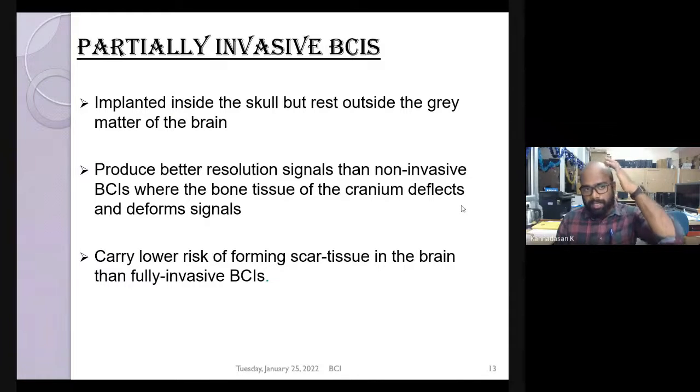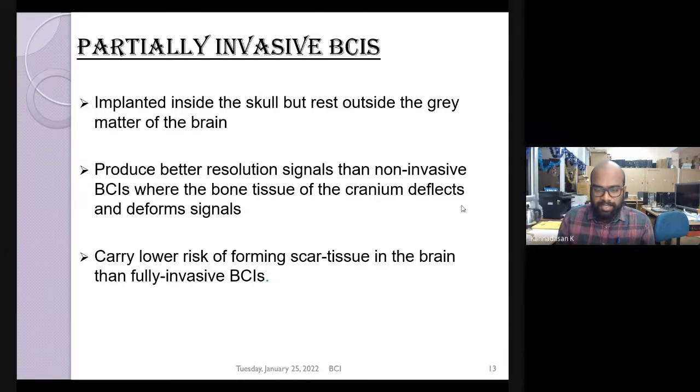Assume that this is your brain, this is gray matter, and you have your skull over it, and then you have a scalp over it. So whatever data is coming from this brain has to pass through this gray matter, through this skull, and then scalp, and then it has to come to your electrode. So these many layers it has to pass through. So that is what it's saying. The bone tissue of the cranium deflects and deforms signals. So the signal quality will be less.